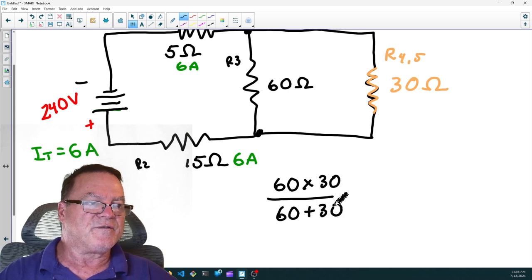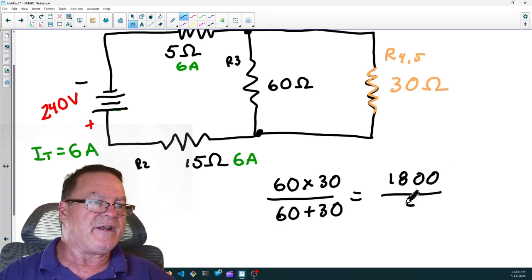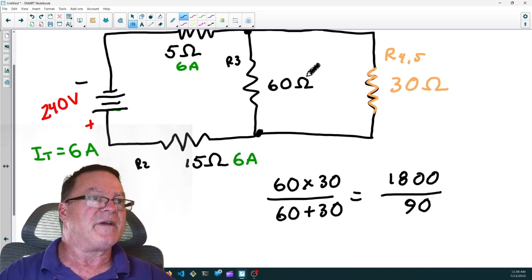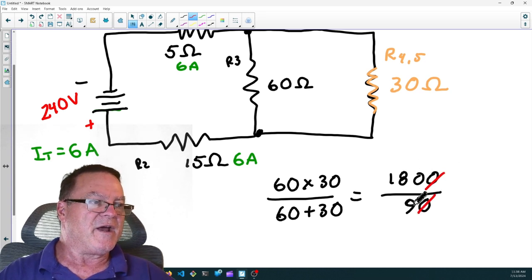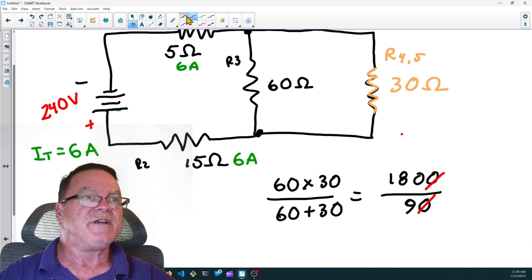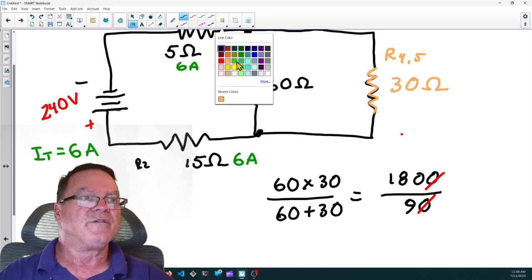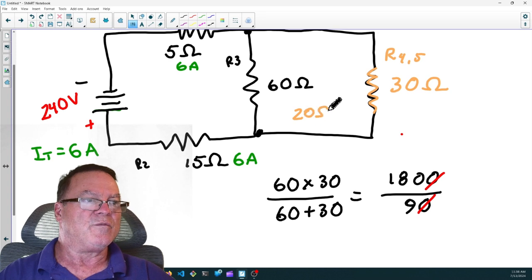That's product over sum. So that's 1,800 divided by 90. And to make it easier on me, I'm going to go ahead and get rid of one of the zeros and say 180 divided by 9, and that equals 20. 9 goes into 18 twice, and then there's an extra 0. So it's 20 ohms. The equivalent resistance has 20 ohms.